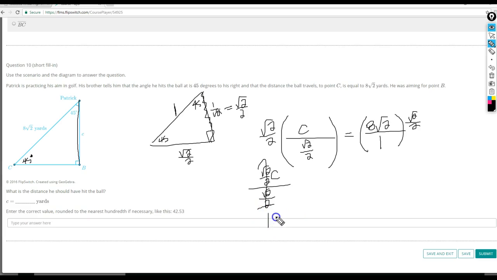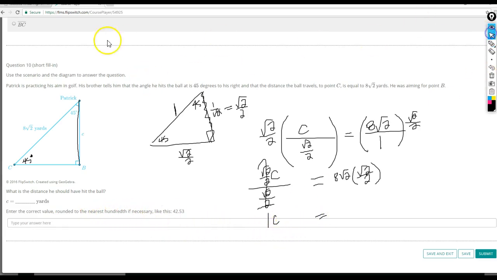So then we have 1C on the left, and that is going to equal 8 square roots of 2 divided by 1 times the square root of 2 halves. I'm going to note that anything divided by 1 is left unchanged. So this is 8 square roots of 2 times the square root of 2 halves. And I'm going to use a Google calculator to help me simplify, because it says round to the nearest hundredth.